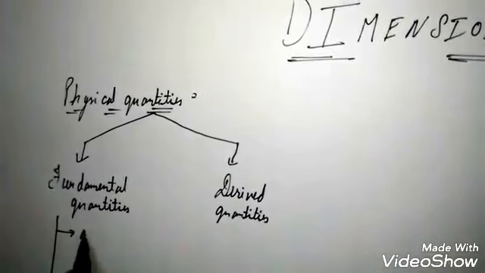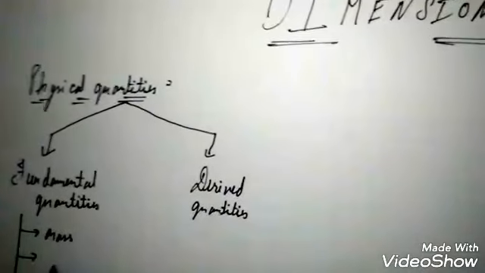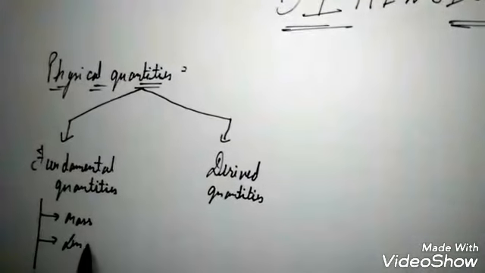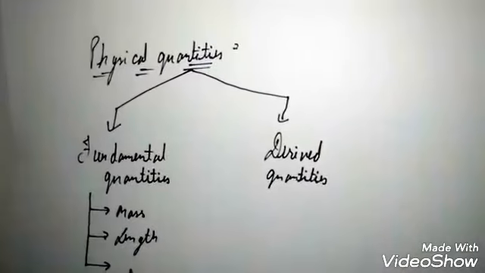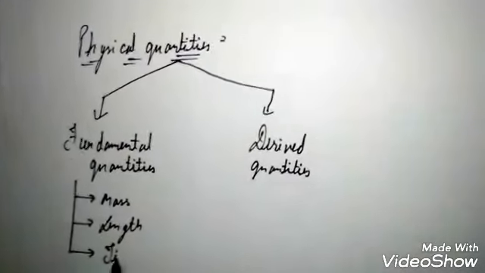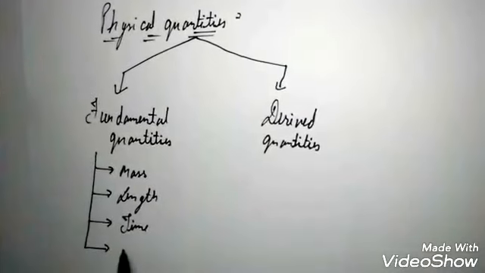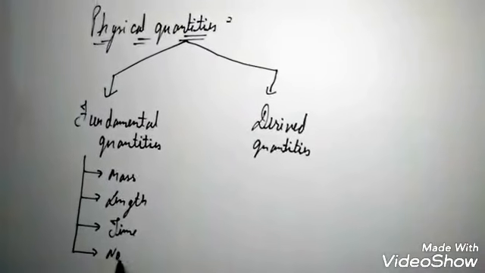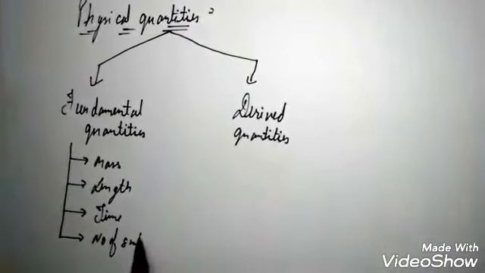First, there is mass. It is the most basic one. Second is length. Third one is time. Fourth one is number of substances.